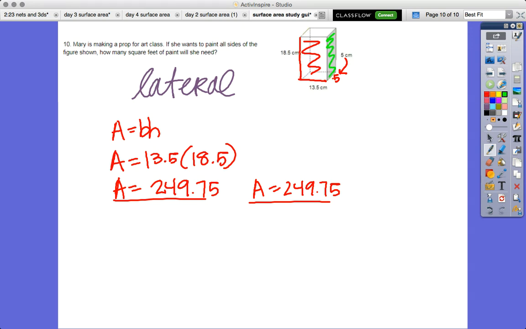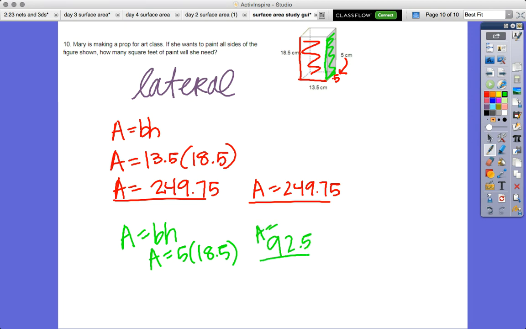Now I need to find the two side lengths. Once again, I'm going to use area equals base times height. The base is 5, the height is still 18.5. So 5 times 18.5 gives me 92.5. And if my right side is 92.5, then my left side is going to be 92.5 as well.